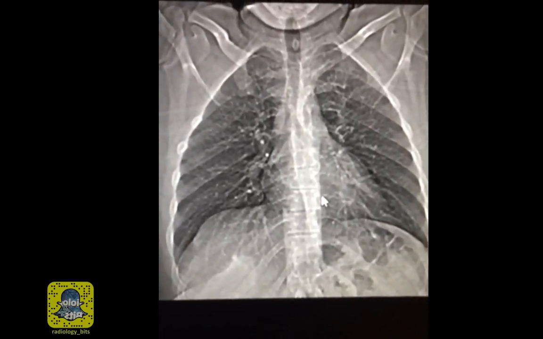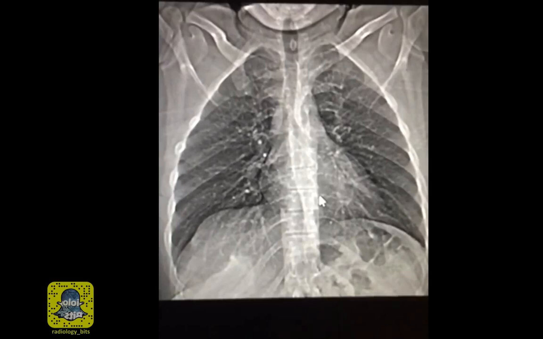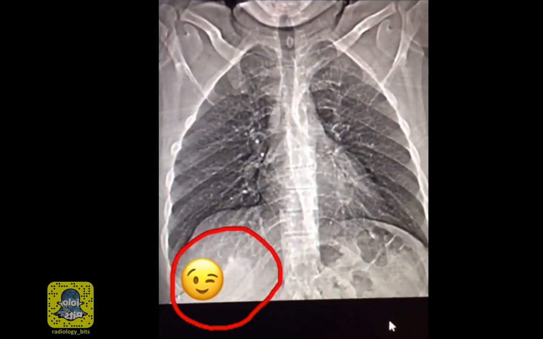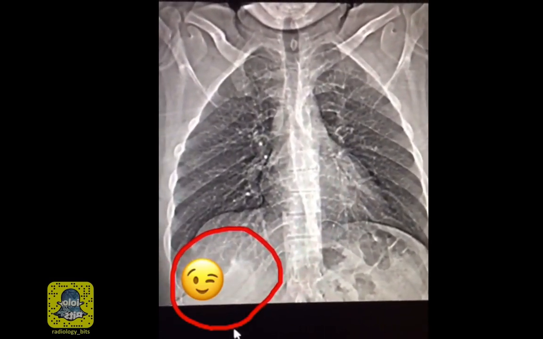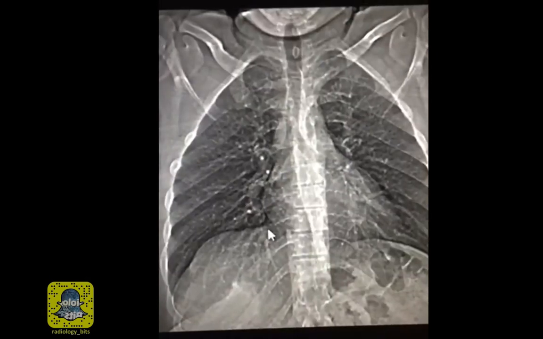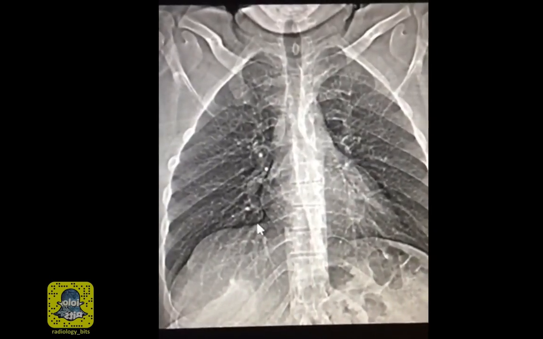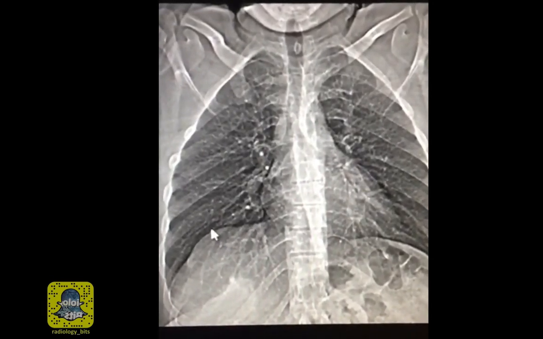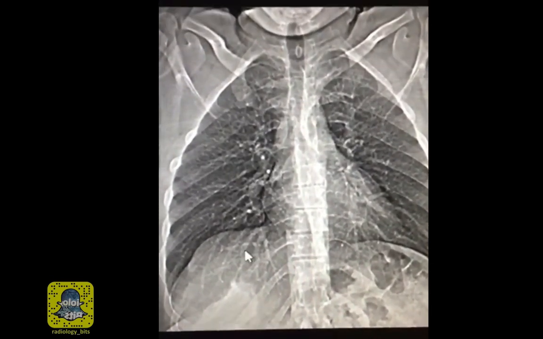So why isn't an abnormality of such a size obviously seen on the scout image? In retrospect, it is there, it's obvious, and it's located here. On a chest X-ray or a scout image, the lung does not end at the edge of the diaphragm.